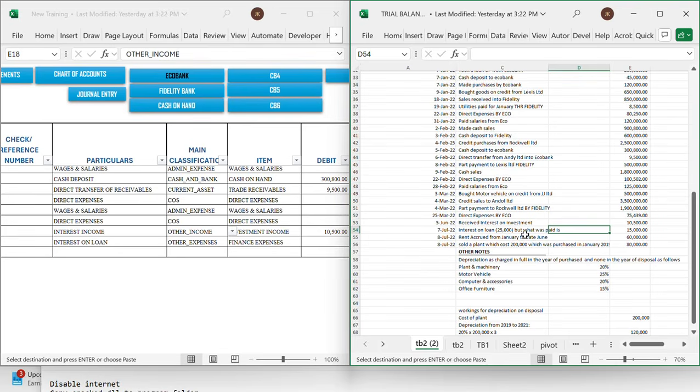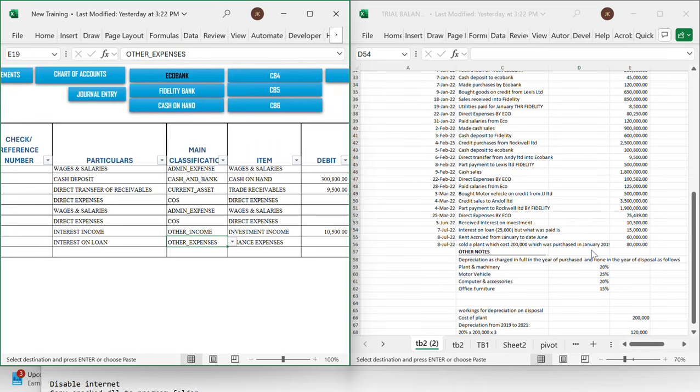And then remember that it is a finance expense under the IFRS 18. So in making the entries, we are going to select other expenses as the main classification, and the sub classification we are going to use is the finance expenses.